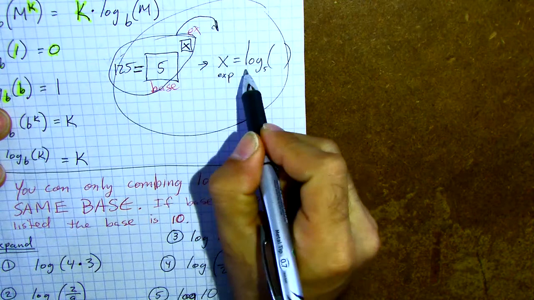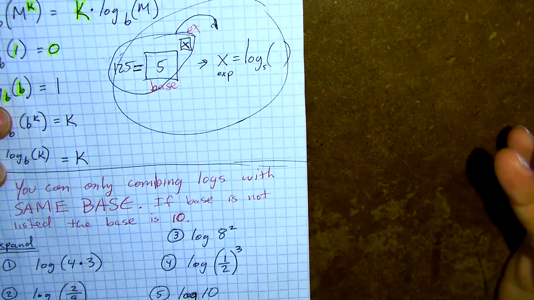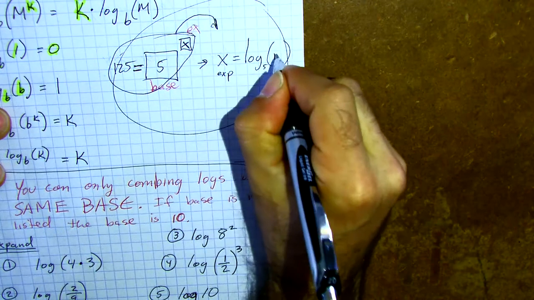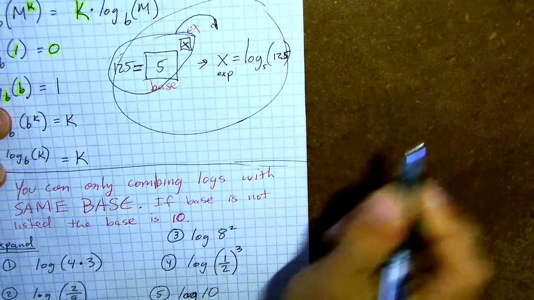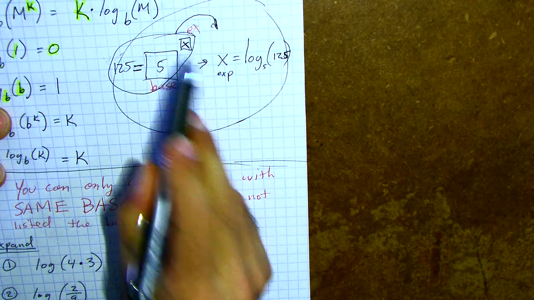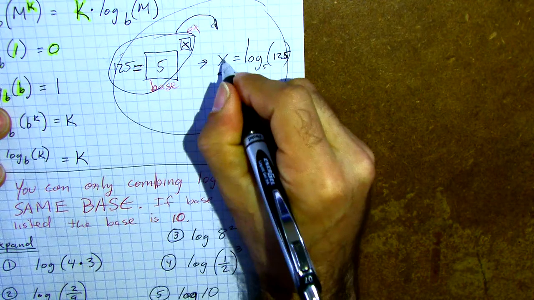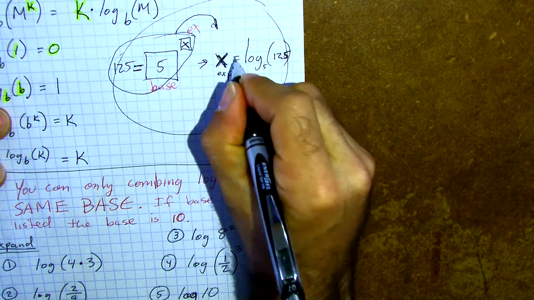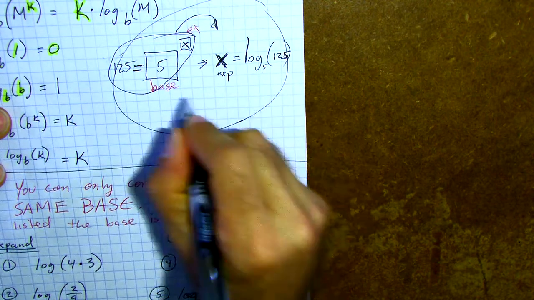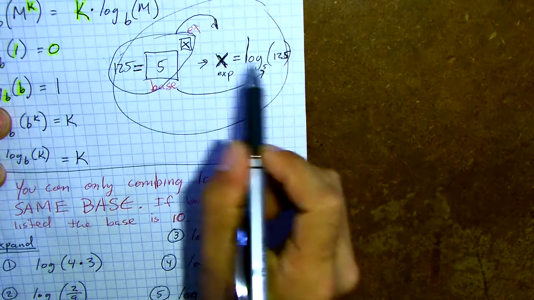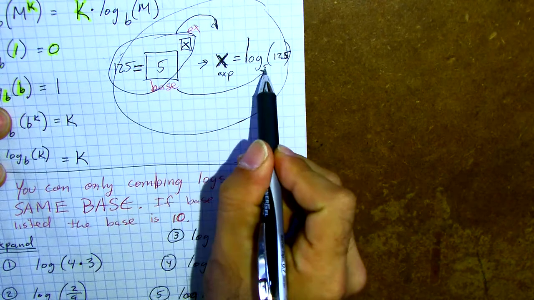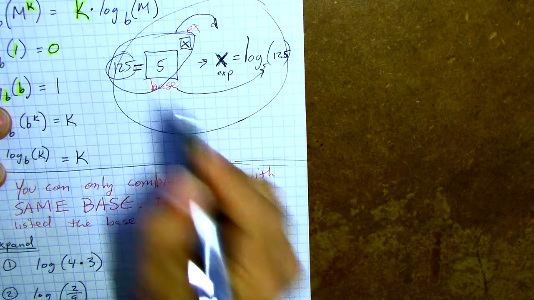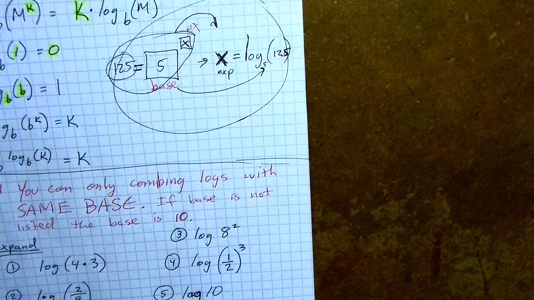The inverse operation to an exponent is using the log. So watch. This is going to be 125. I didn't know what the exponent was. I used the logs to figure it out, and the exponent is going to be equal to log base 5 of 125, the answer to the exponent.